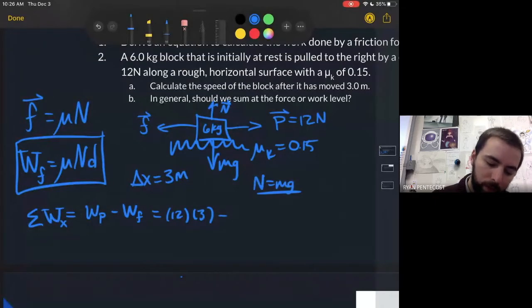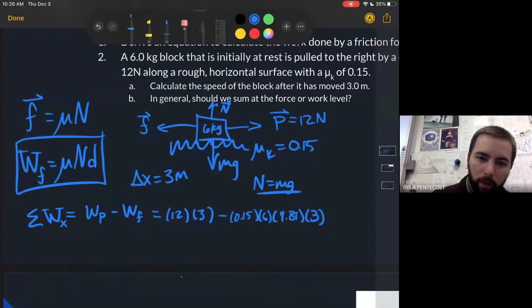So we have 0.15 times the mass, 6, times gravity, 9.81, times our distance, which is 3. So that will all come out to 9.51 newton meters. That is the summation of work going into the work kinetic energy theorem.